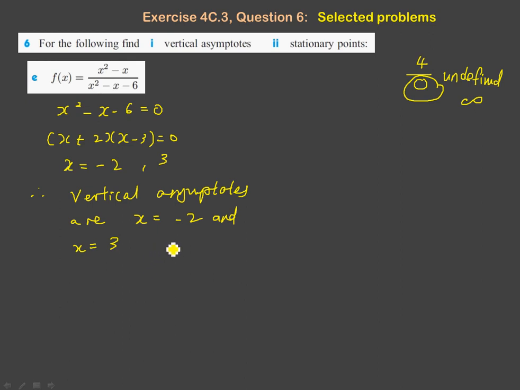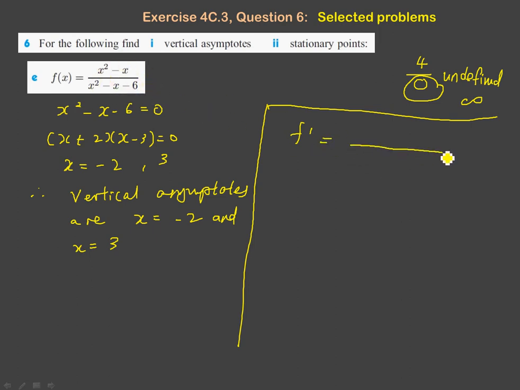Now to find stationary points, we would have to find f prime. This is a quotient, so we would use the quotient rule. Notice that u is x squared plus x minus 2, and v is the quadratic expression in the denominator.